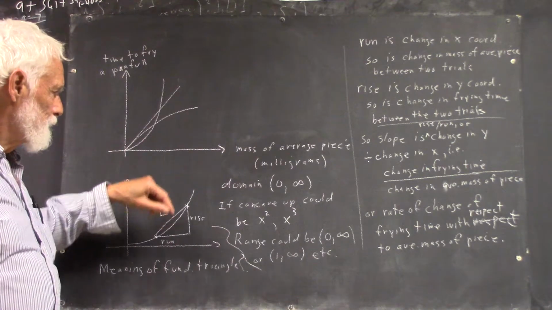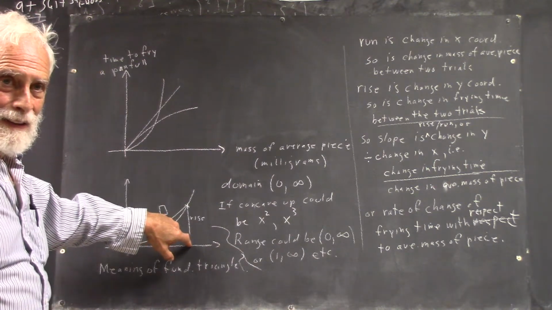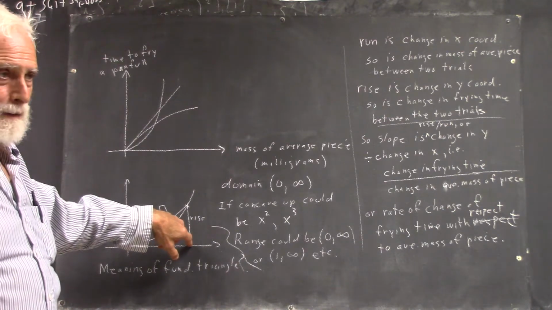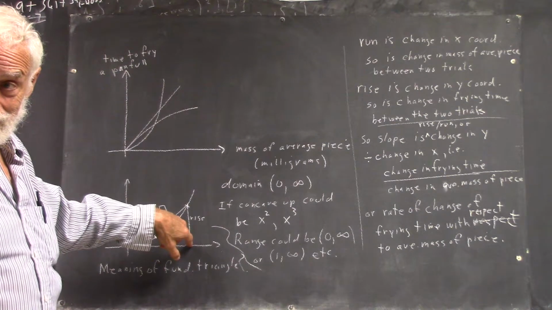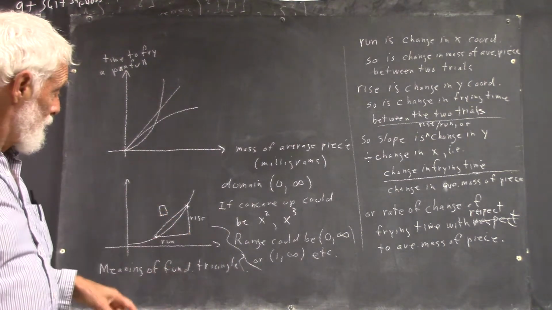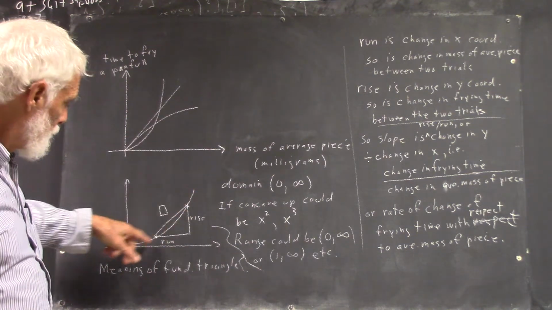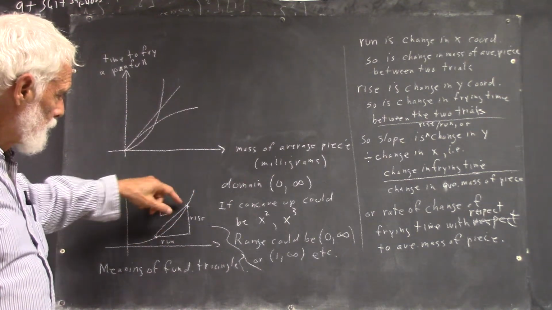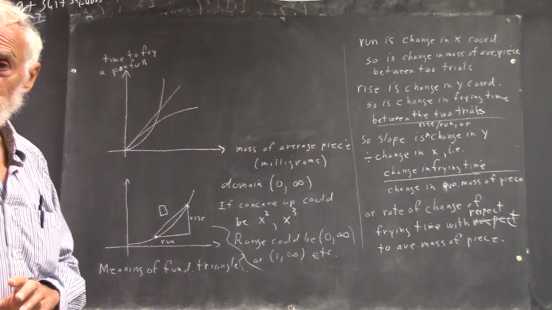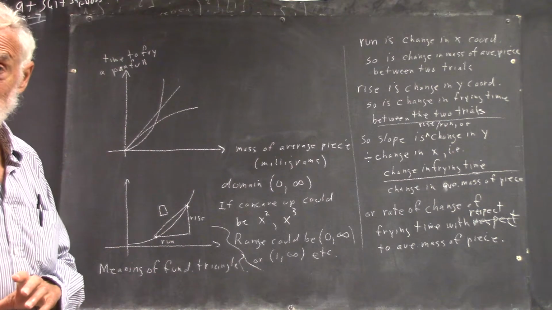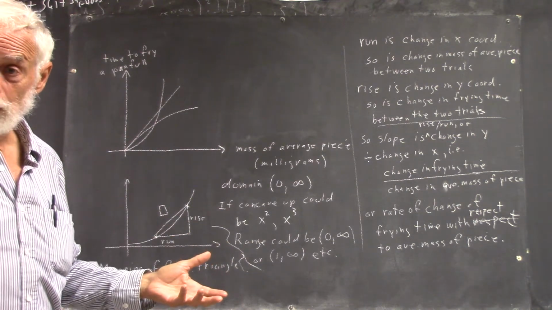Let's just say that at this mass, it's requiring 21 minutes to fry, and I want to do it in 20. Well, I could kind of follow this slope rather than having to figure out anything about the curve to estimate how much finer I need to chop the things. And that might be a good enough estimate to get me within a few seconds of 20 minutes, and that might be good enough.